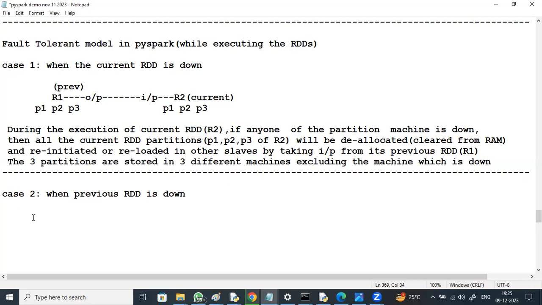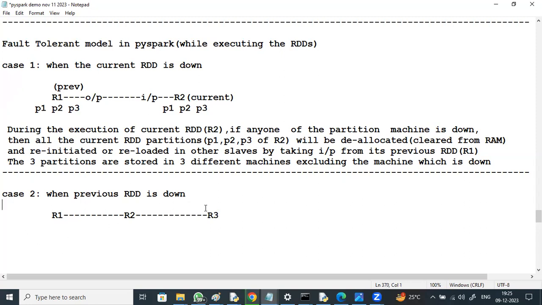Observe here. This is R1. From R1, its output you are getting to R2, from R2 to R3.